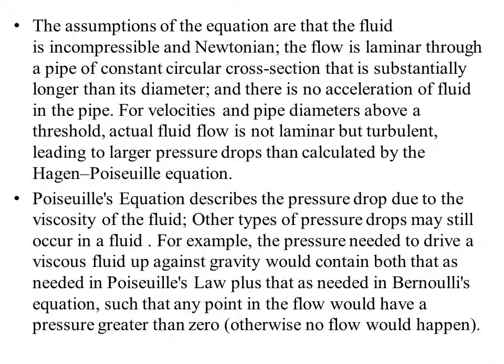Other types of pressure drops also may be there. For example, the pressure needed to drive a viscous fluid against gravity would contain both Poiseuille's law plus Bernoulli's equation. So small corrections are added to Poiseuille's law when you are applying it for finding the coefficient of viscosity of different liquids.